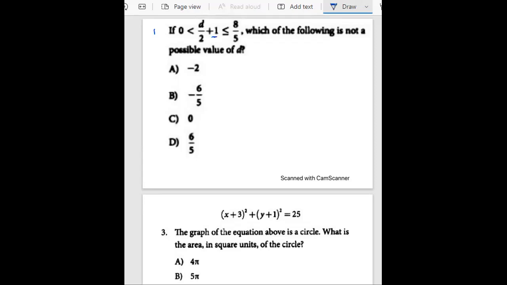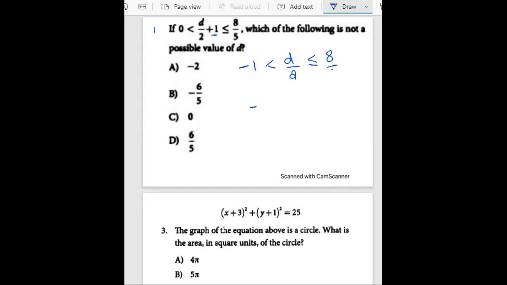minus 1 less than d by 2 less than equal to 8 by 5 minus 1, sorry.